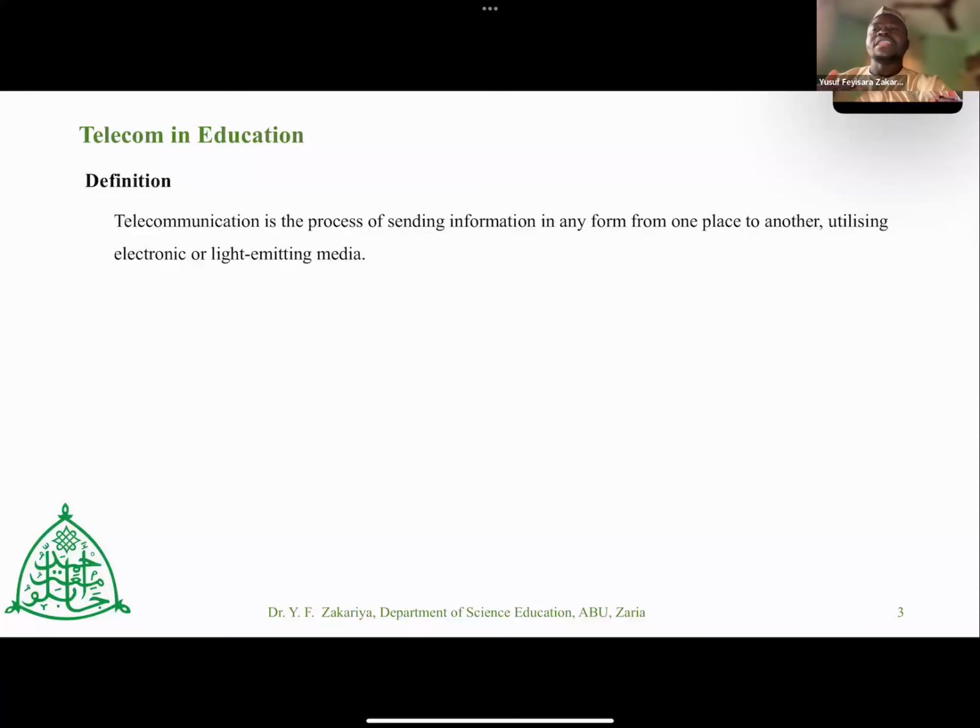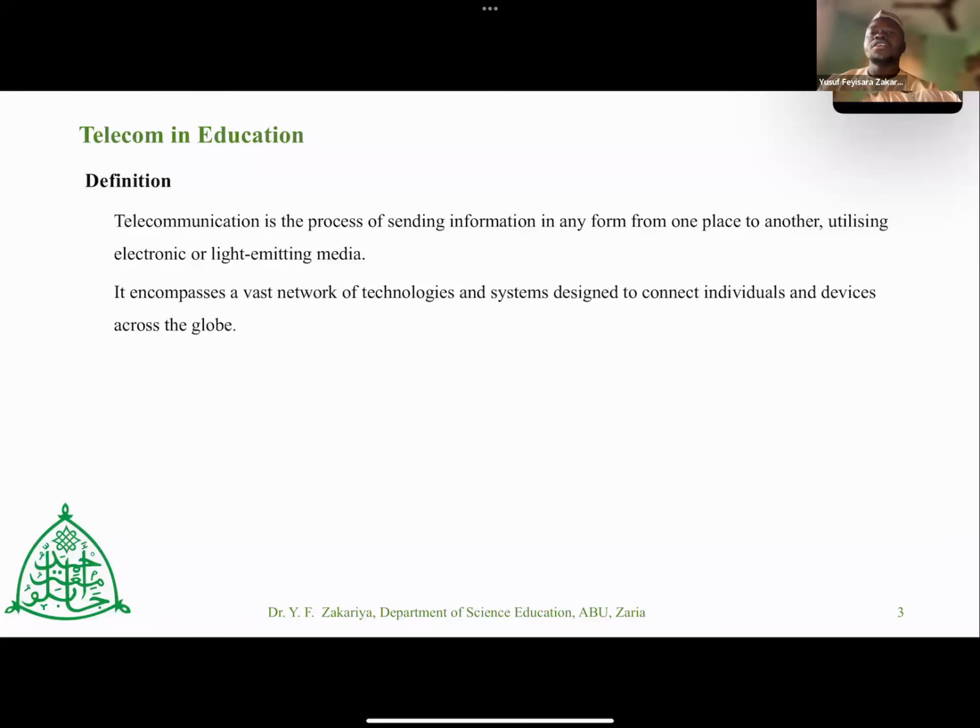Now, the process of sending this information in any form, whether it is sound, audio, text, or video, from one place to another, when we utilize electronic or light emitting media, we call the process telecommunication. Very easy. So it encompasses a vast network of technologies and systems that are designed to connect individuals and devices across the globe, across the whole world.